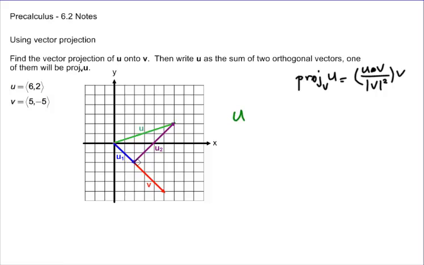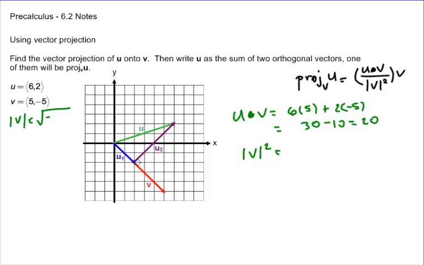One of the things I've got to do right off the bat is find the dot product. If I do u dot v, this is going to be 6 times 5 plus 2 times negative 5, which is 30 minus 10, which is 20. Then I want to find my magnitude of v and square it. The magnitude of v is the square root of 5 squared plus negative 5 squared.